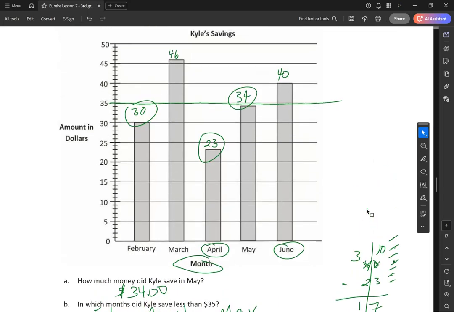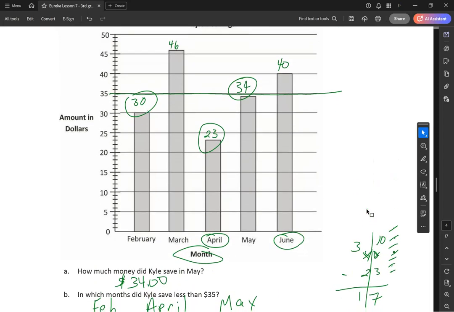Why? Because March was 46, April was 23. 23 plus 23 is 46, so that's half.